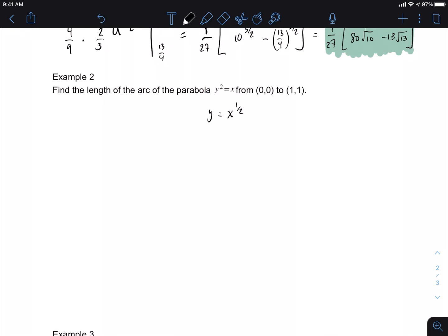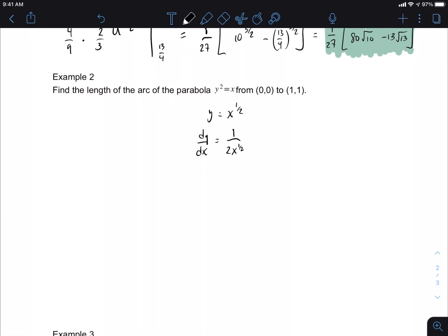I just want to show you something. If I took the derivative of this, dy dx would be 1/2, and then the x ends up in the denominator, so I would end up with 1/2 x to the 1/2 power. Agreed? Agreed. Okay, so look at what happens here.